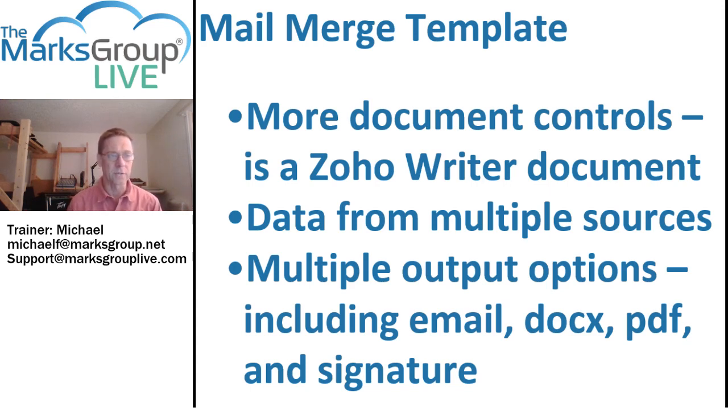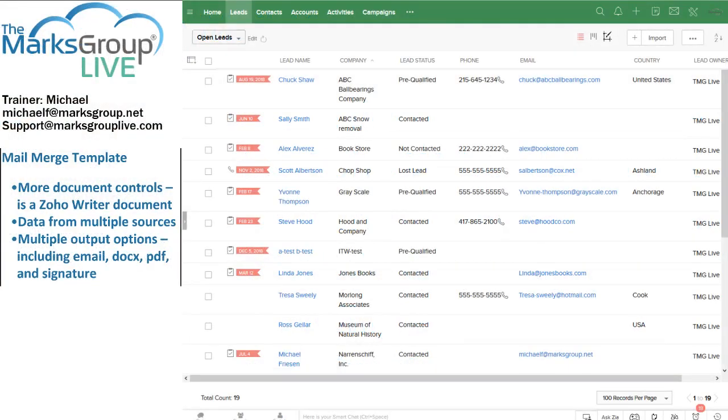And in this context, it's useful to note that you can also pull in data from your Zoho CRM as well as other sources. If you have a CSV file, you can pull data in from that as well. In this particular discussion, we're going to focus on pulling in data from a Zoho CRM. So let's do a quick walkthrough on a mail merge document.